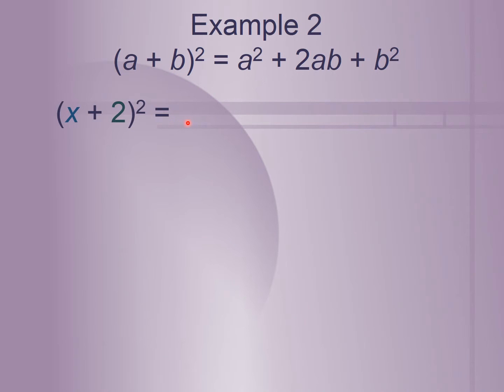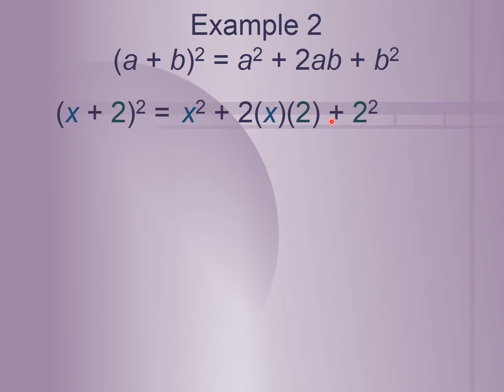So when we write our answer, the first thing we need to do is take that first term and square it. So our first term is x, so we're going to square x, which means we'll get x squared. And then plus 2 times your first term times your second term. So 2 times my first term, which was x, times my second term, which was 2. So I have 2 times x times 2.